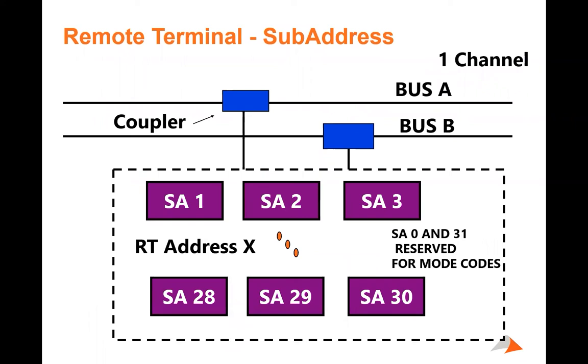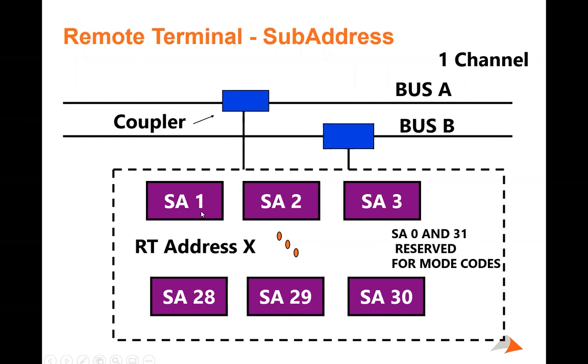Remote terminals are kind of interesting designs. Remember that when 1553 was first designed, it was about 50 years ago, and RAM was expensive, so you very much limited the amount of RAM you had. What they would do is create subaddresses.